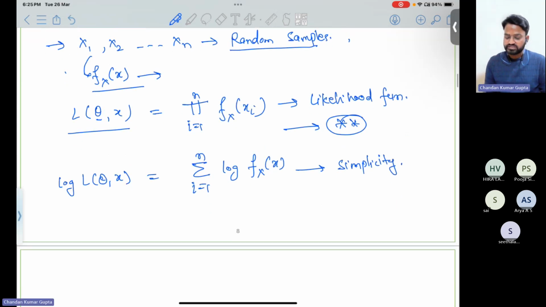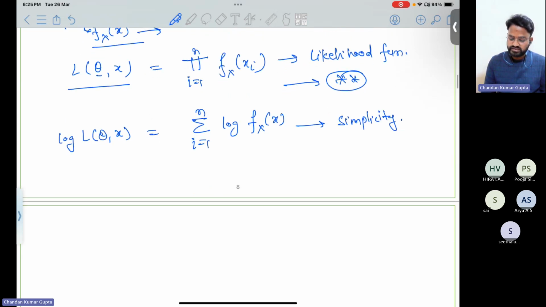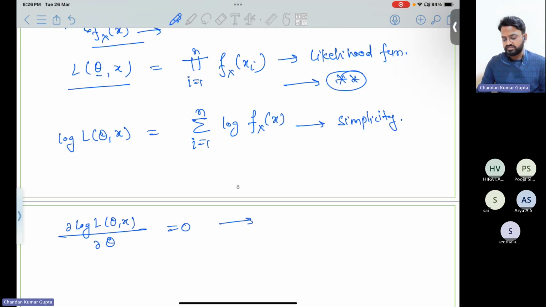So this is our likelihood function, and with the help of this likelihood function, we will differentiate it with respect to the parameter and equate it to 0, and this is called the likelihood equation.